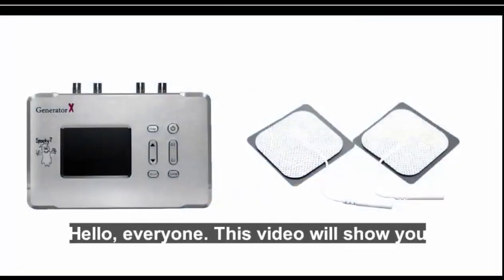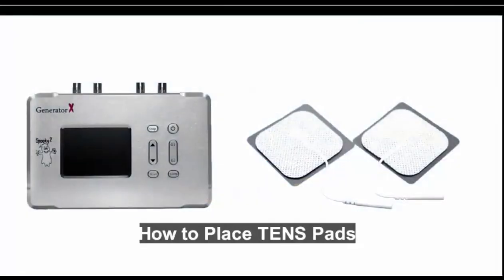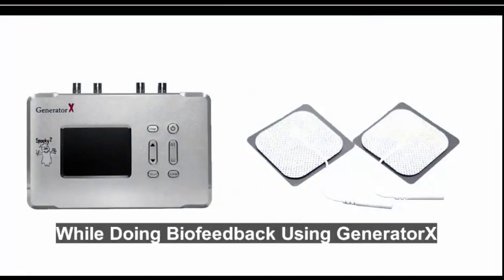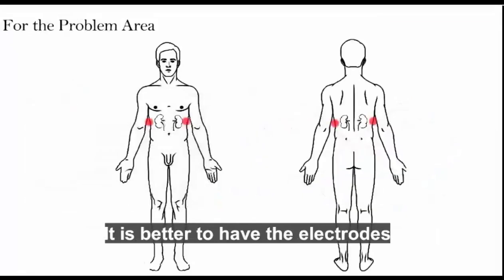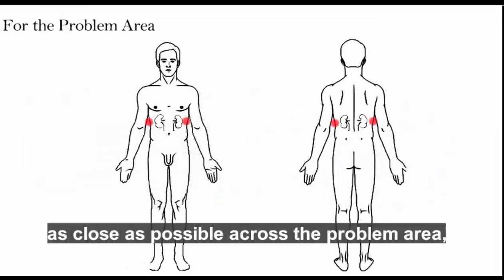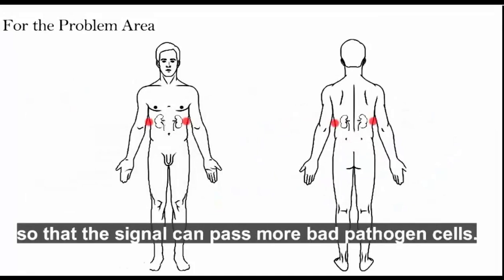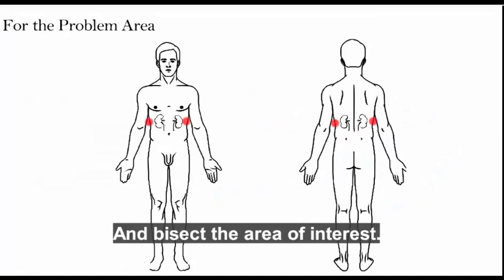Hello everyone, this video will show you how to place TENS pads while doing biofeedback using Generator X. It is better to have the electrodes as close as possible across the problem area so that the signal can pass more bad pathogen cells, and bisect the area of interest. If it is the liver, place the pads at the front and back of the liver.